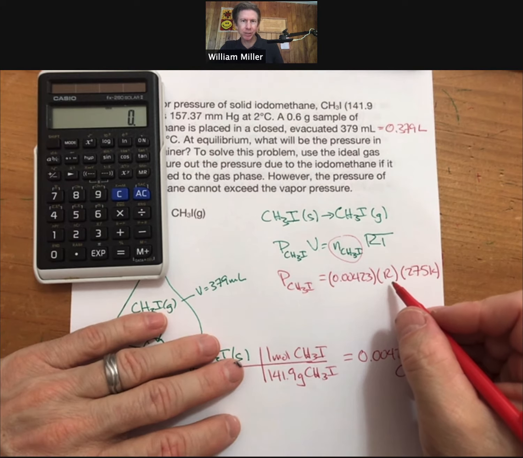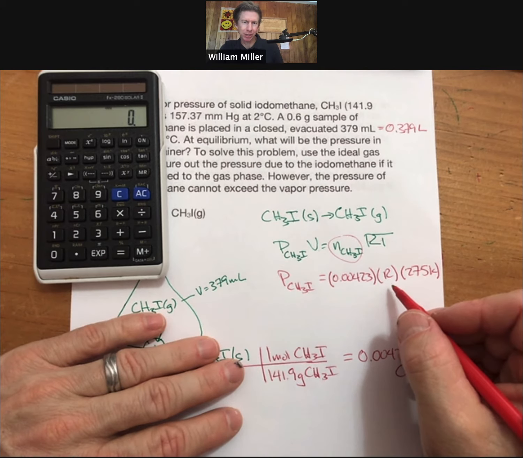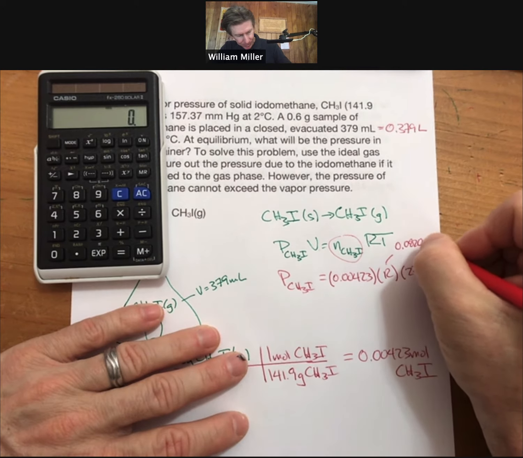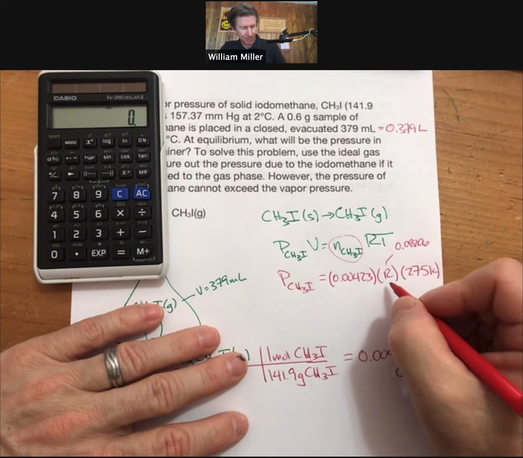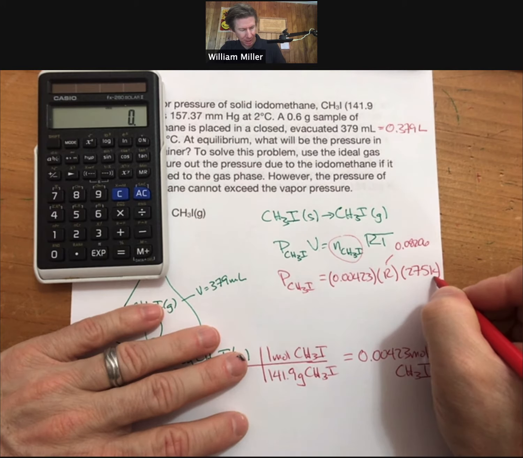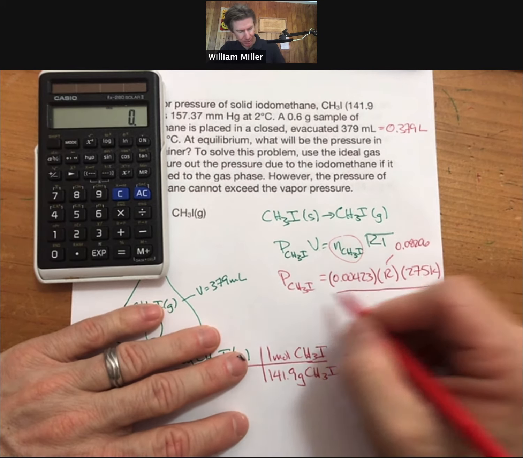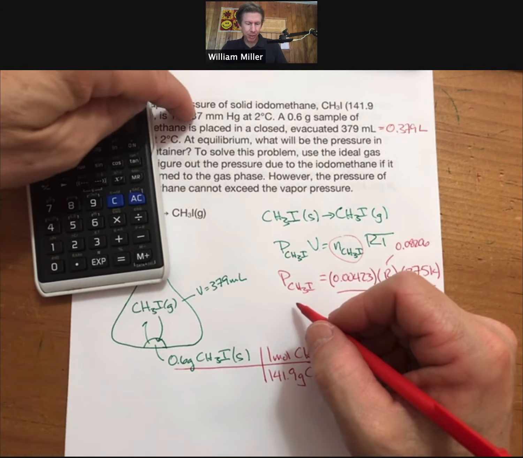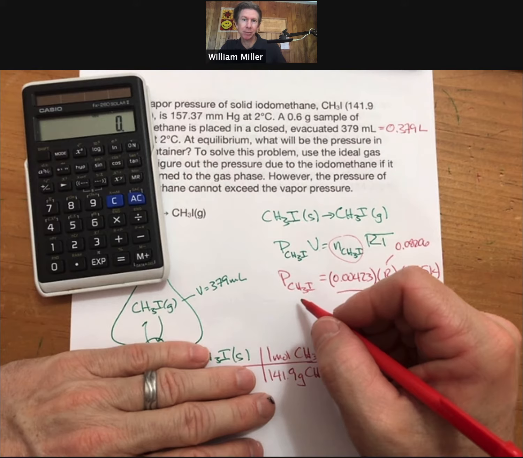My R value for ideal gas is 0.08206 with liters, atmospheres, and moles in Kelvin. So this answer is going to be actually in atmospheres. That's key, because our vapor pressure has been given in millimeters of mercury.